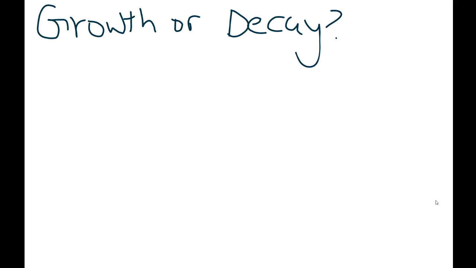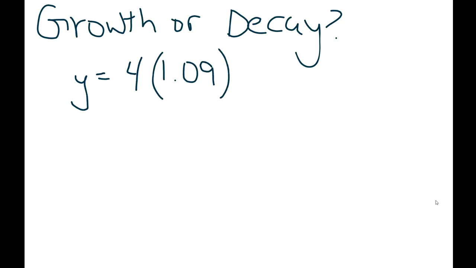Other problems are just going to ask you to determine, is this written in exponential growth or exponential decay? So an example might look something like this. The initial amount's A, and then it has something like this, all to the t power. Another example would be something like this.